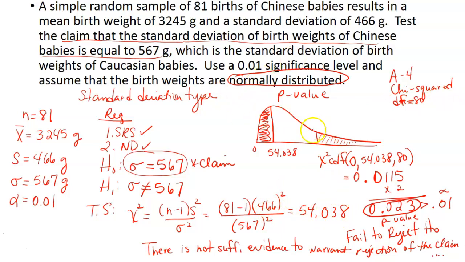If I had messed up and found the right tail over here, then my p-value would have come out to be more than 1, and that can't happen. So that would be an indication that I chose the wrong side. So just be careful on these two-tailed chi-squared tests. Those are the only ones you have to worry about it with, that you watch for a p-value being too much. And if it's more than 1, then you've put it on the wrong side.